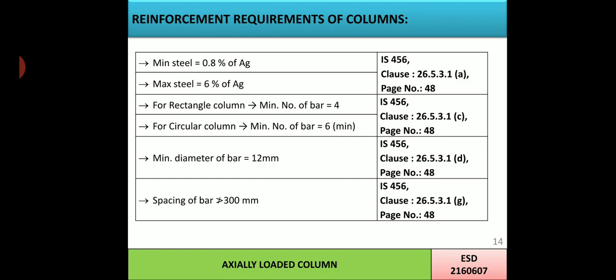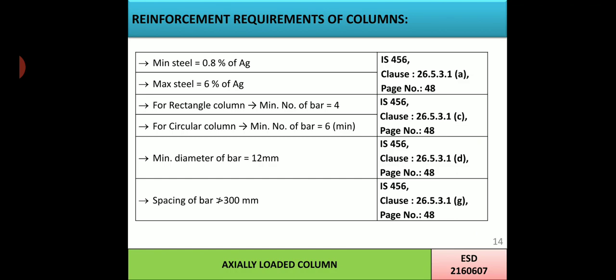Now, the code has given different criteria for the different categories of columns. First of all, talking about the reinforcement criteria. Minimum reinforcement is 0.8% of Ag, while maximum reinforcement is 6% of Ag. Ag is the gross area of the column. It is given in IS 456, clause number 26.5.3.1a, page number 48. Now talking about the number of bars, for a rectangular column the minimum number of bars is 4, while for a circular column the minimum number of bars is 6 as per clause 26.5.3.1c, page number 48.